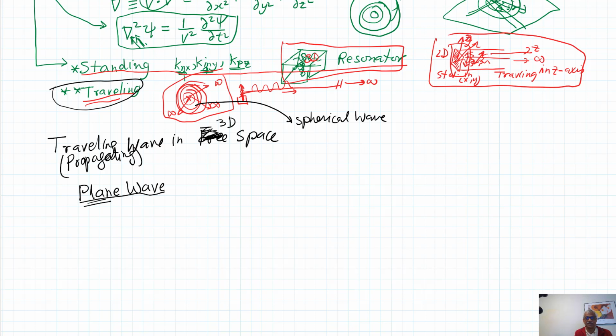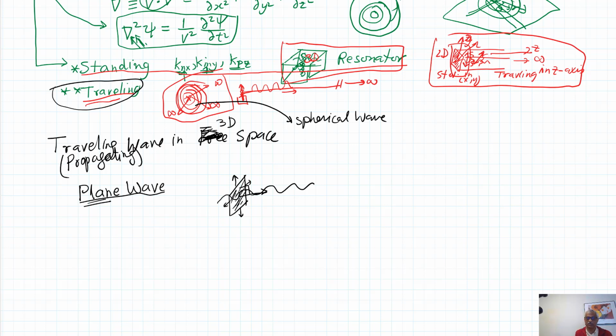Basically, if I had a wave front, it will look like a plane, infinite in both directions. The wave, whatever the wave is, is going in a particular direction, and that's the direction normal to the front. So we'll see mathematically how this is a plane wave.